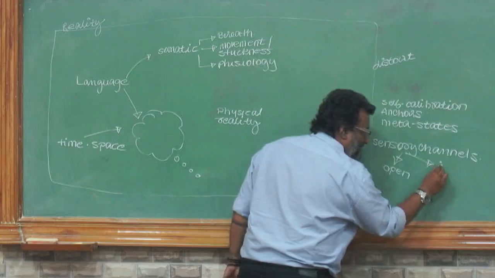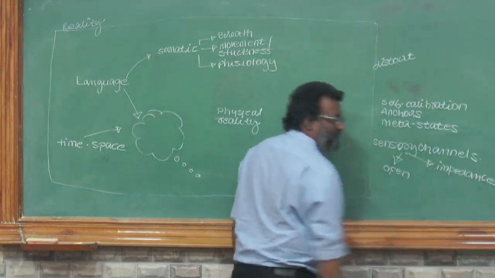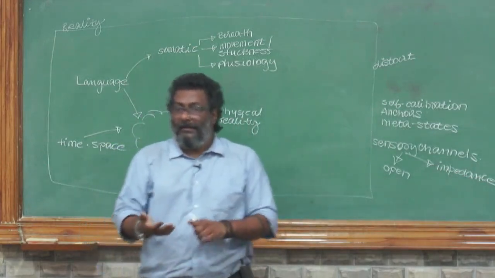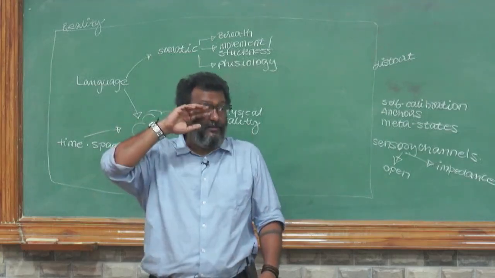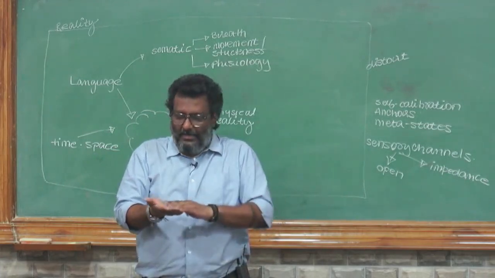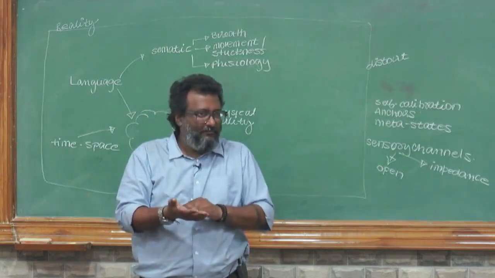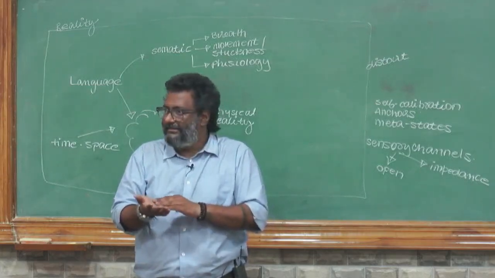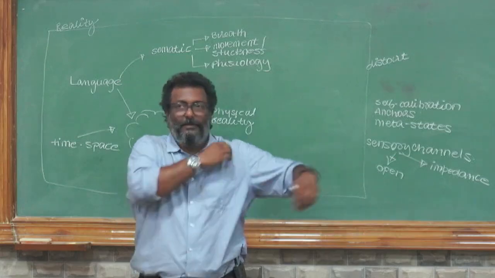And is there any impedance to it? Well, if I have a hard skin surface, very hard, I won't be able to feel it. And if you touch my hand, even you wouldn't be able to feel it. You'll say, this is too rough. It's like a tortoise shell. It's a different feeling. Okay.